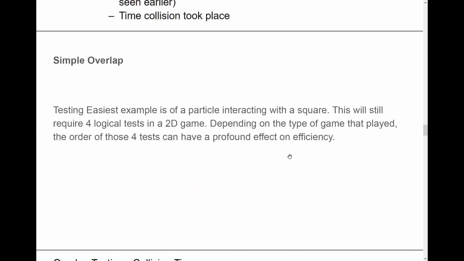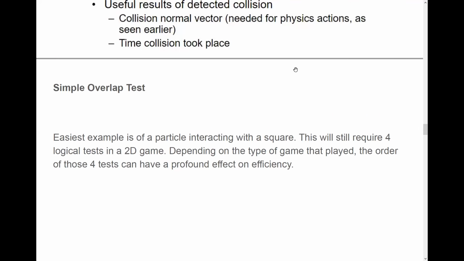Then we come to simple overlap testing. So here, testing, the easiest example is, now we come to simple overlap testing.